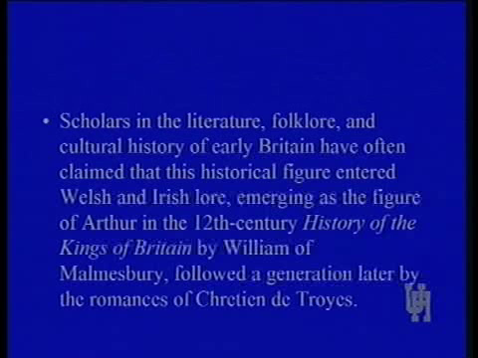And the first major work in which we find this newly emerging Arthurian literature is in the 12th century History of the Kings of Britain by one William of Malmesbury.